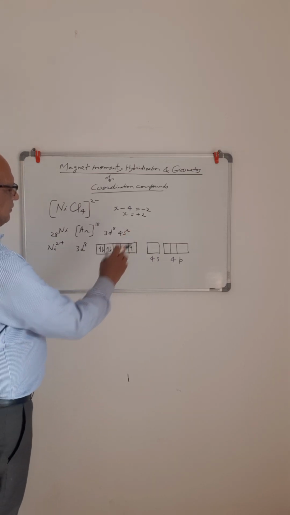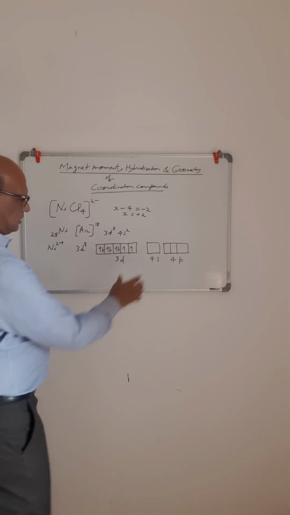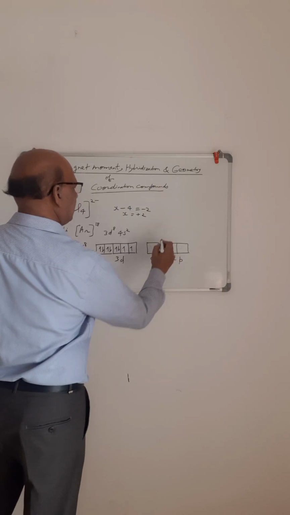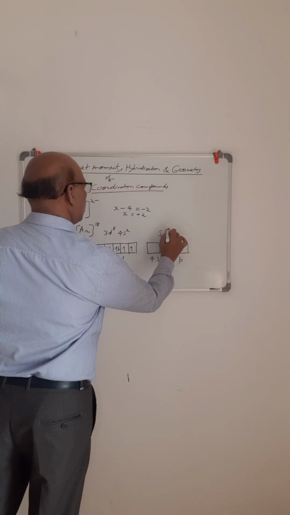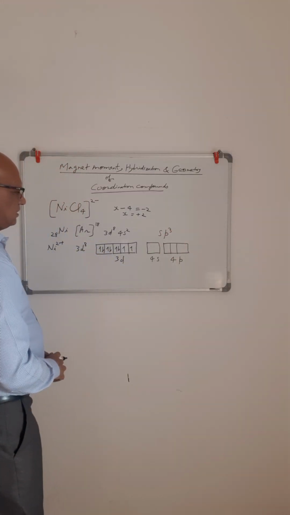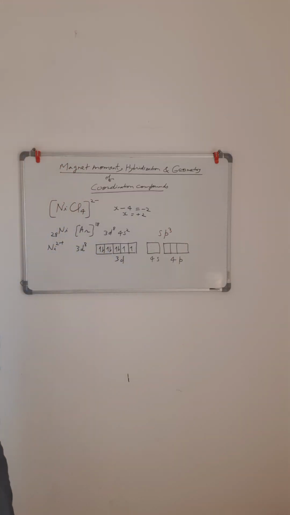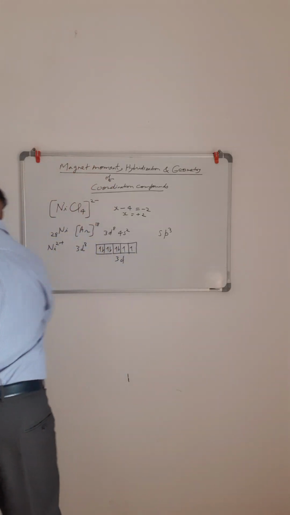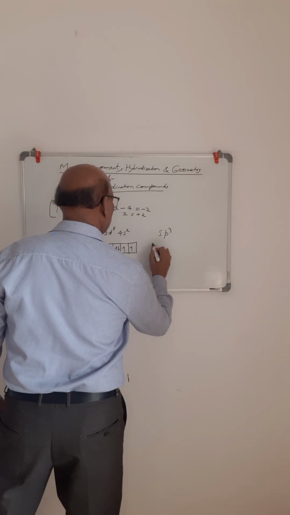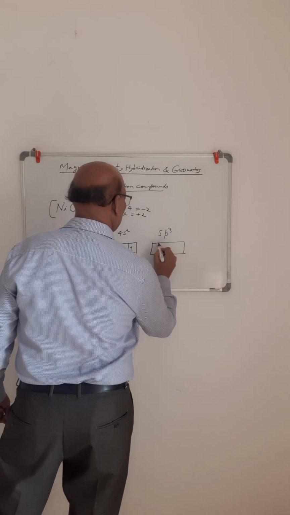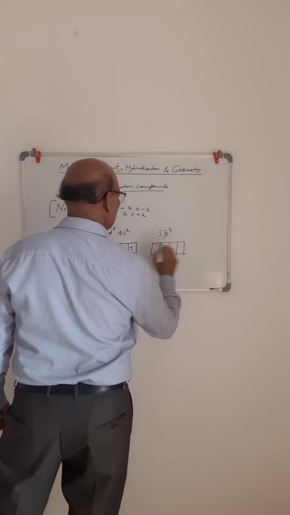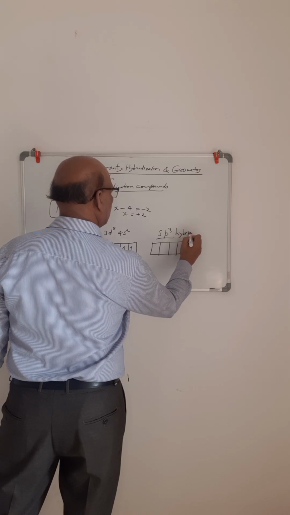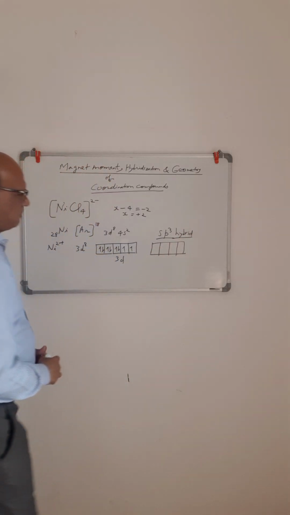So as per the valence bond theory, these 1s and 3p orbitals will get hybridized with sp3 hybridization and will make 4 sp3 hybridized orbitals. Okay, so these are the sp3 hybridized orbitals, 4 empty orbitals.